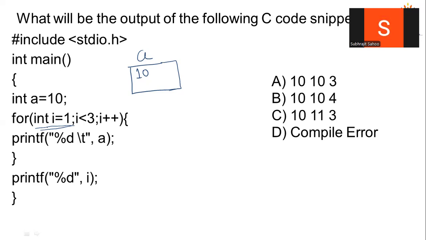Where? Inside the for loop. But integer a equal to 10, declaration and initialization done inside the main function. Okay, main function. What is the meaning? A value can be valid anywhere inside the main function. Sir, anywhere in the sense?